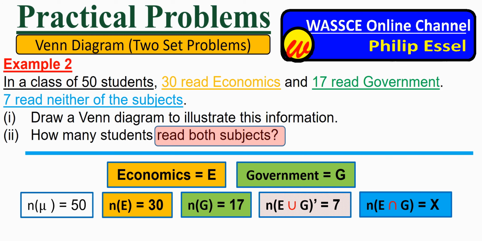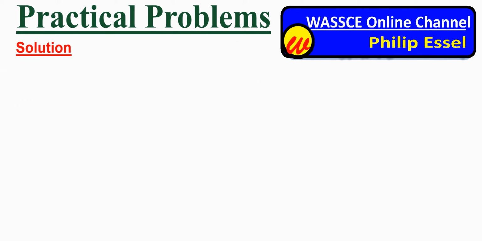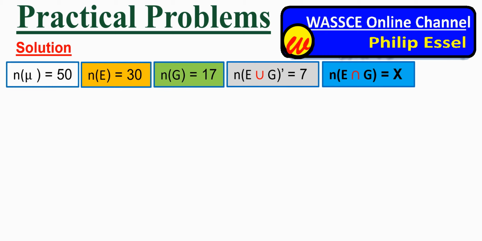Now, we've gathered the most important information from the question. So we are going to carry it to a fresh page and use it to solve our problem. So let's look at the solution to this problem. First, we write the important information we've gathered from the question down.